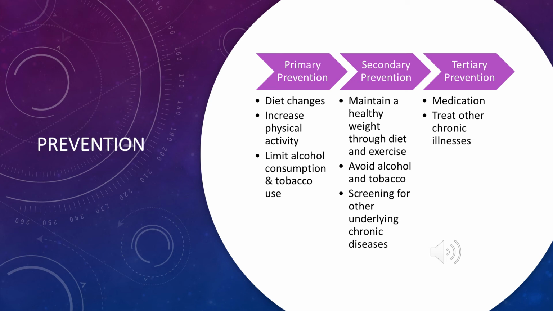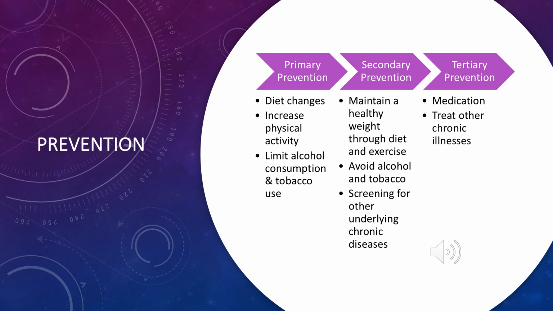Many times, physicians attempt to control elevated blood pressures with diet and exercise before putting individuals on medication. Therefore, secondary preventions are geared towards individuals who are considered prehypertensive and have had consecutive blood pressure readings of 120 to 129 over 80.